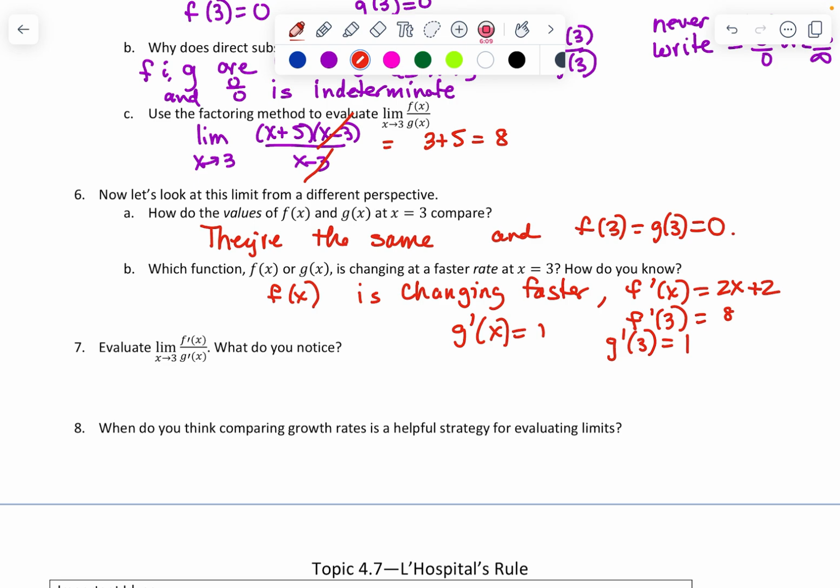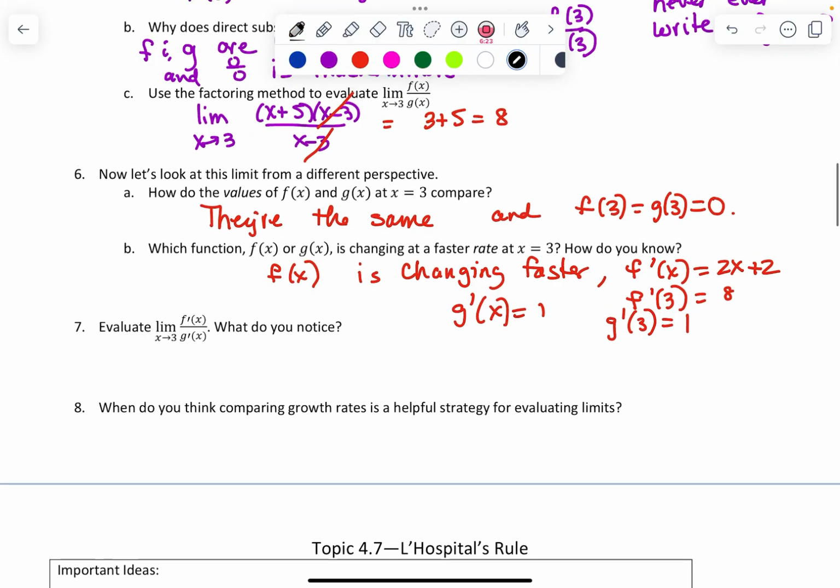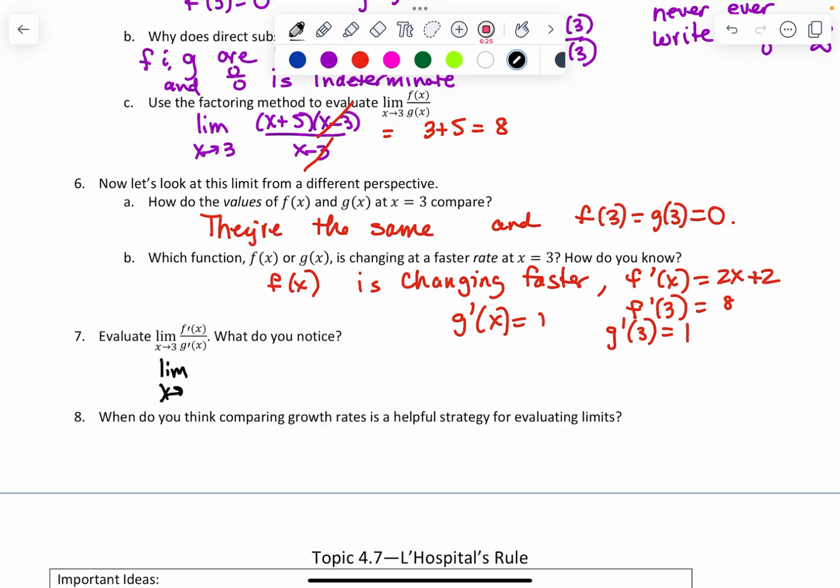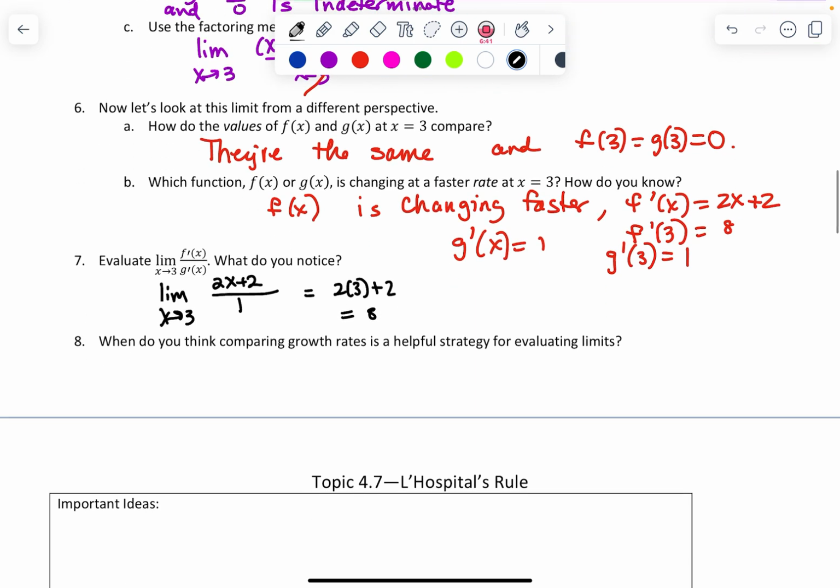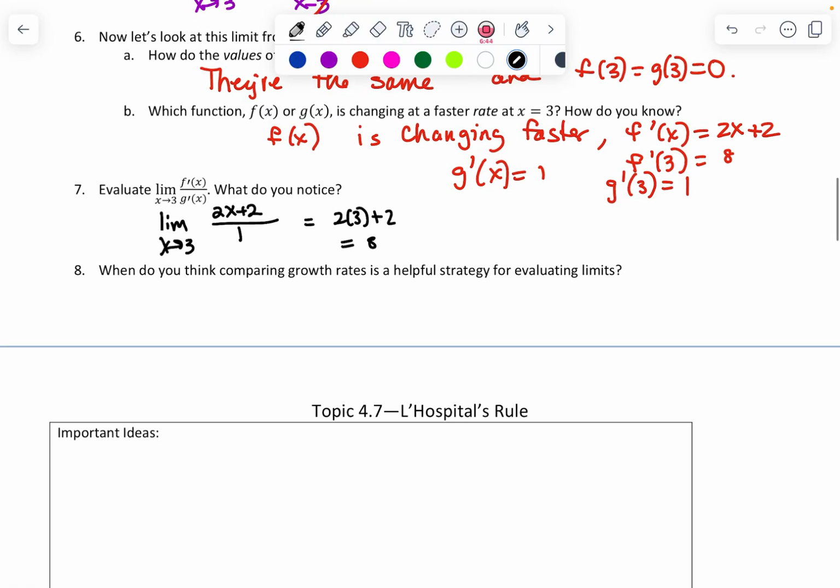So if you compare y values and it's indeterminate, then you're going to compare the growth rates. And the growth rates are derivatives, okay? So now it says, let's evaluate. The derivative of f is 2x plus 2, and the derivative of g is 1. It's the same as 5c. So when do you think comparing growth rates is a helpful strategy?